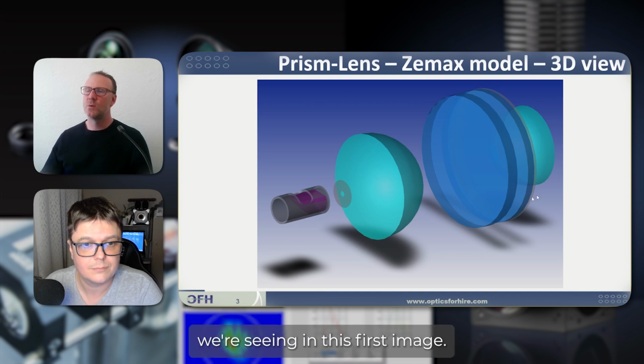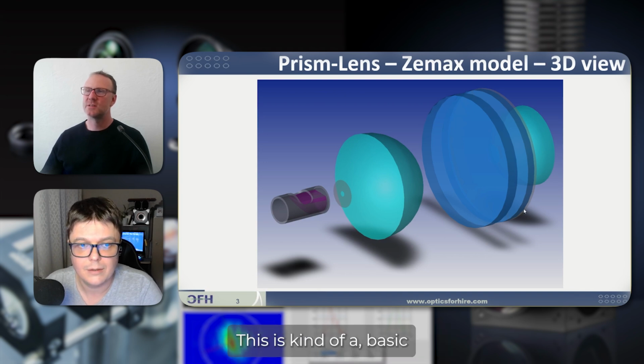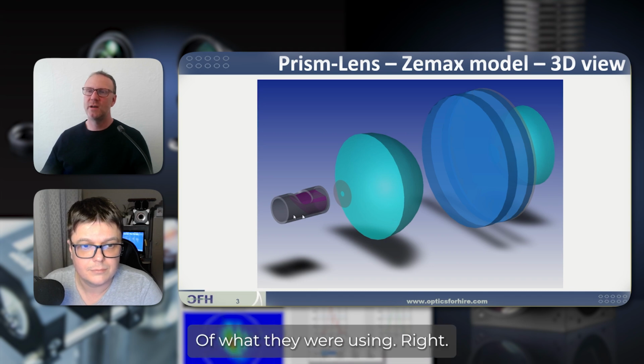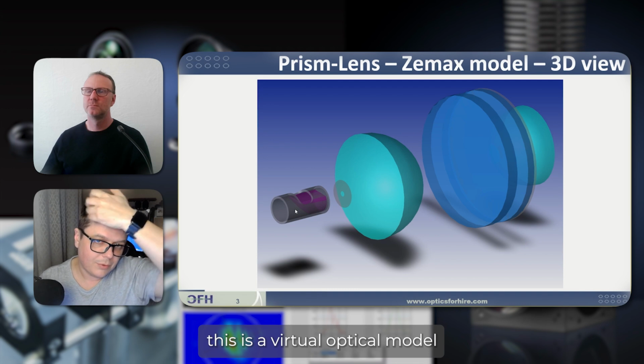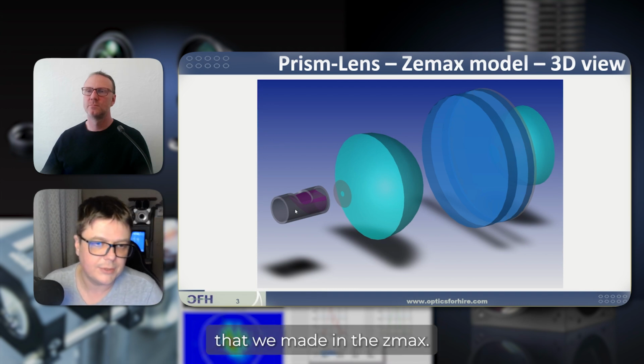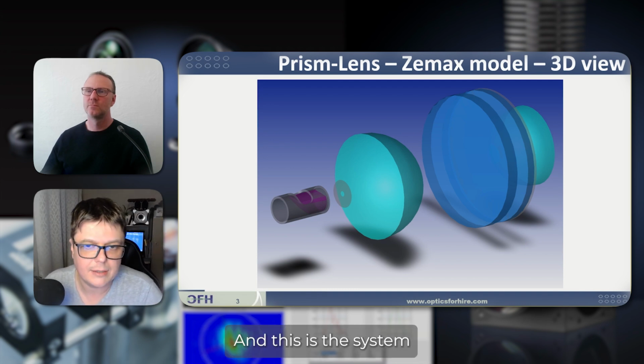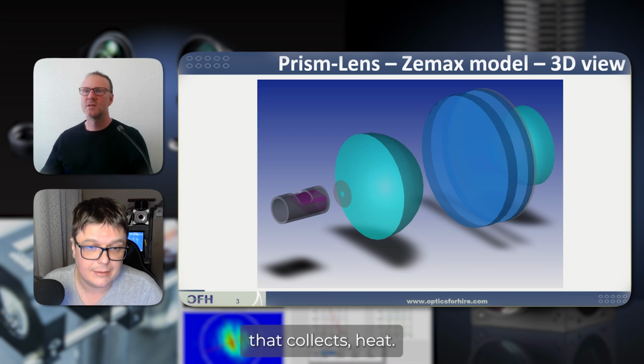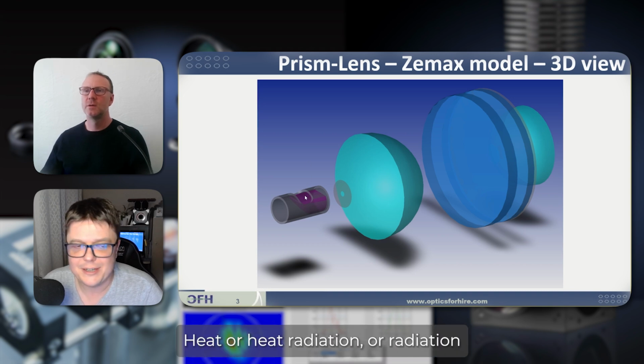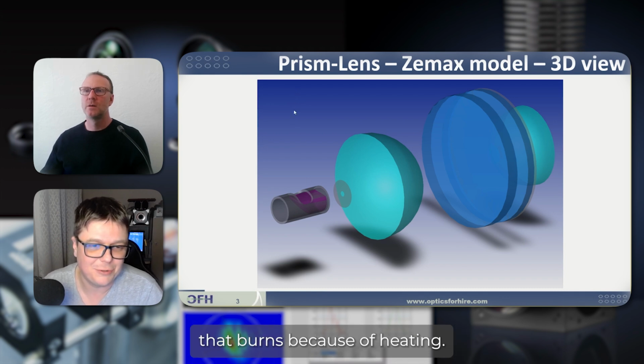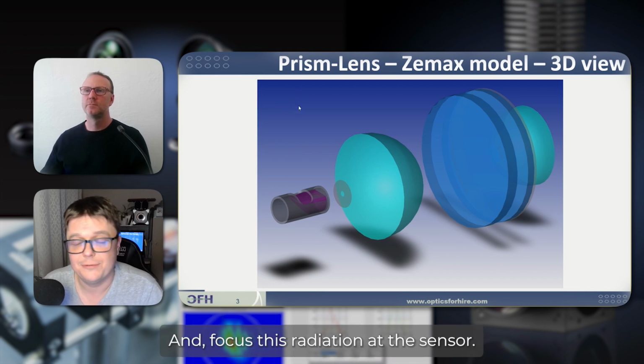So tell us about what we're seeing in this first image. This is kind of a basic 3D model of what they were using, right? And what is this part here? This is a virtual optical model that we made in Zemax, and this is the system that collects heat radiation, or radiation that comes from heating, and focuses this radiation at the sensor.